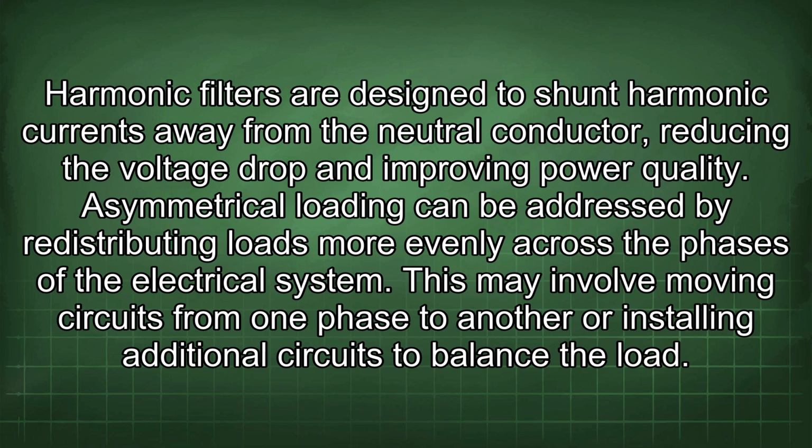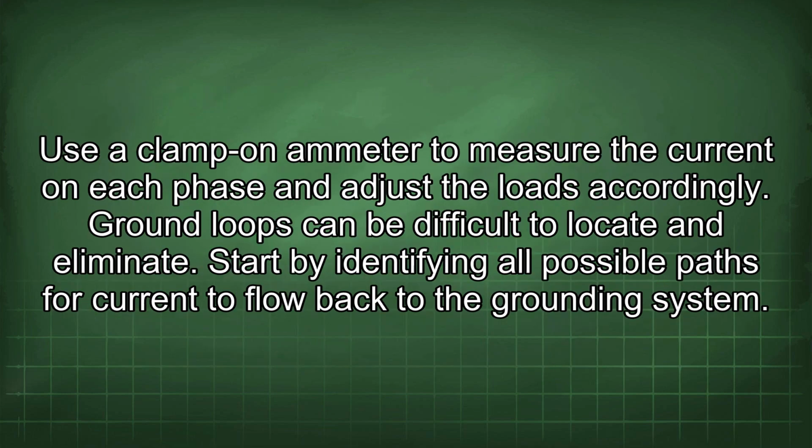Asymmetrical loading can be addressed by redistributing loads more evenly across the phases of the electrical system. This may involve moving circuits from one phase to another or installing additional circuits to balance the load. Use a clamp-on ammeter to measure the current on each phase and adjust the loads accordingly. Ground loops can be difficult to locate and eliminate.